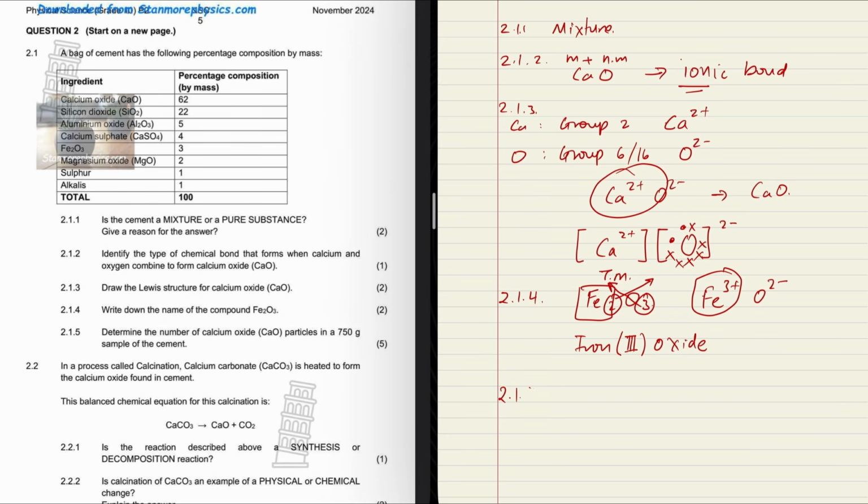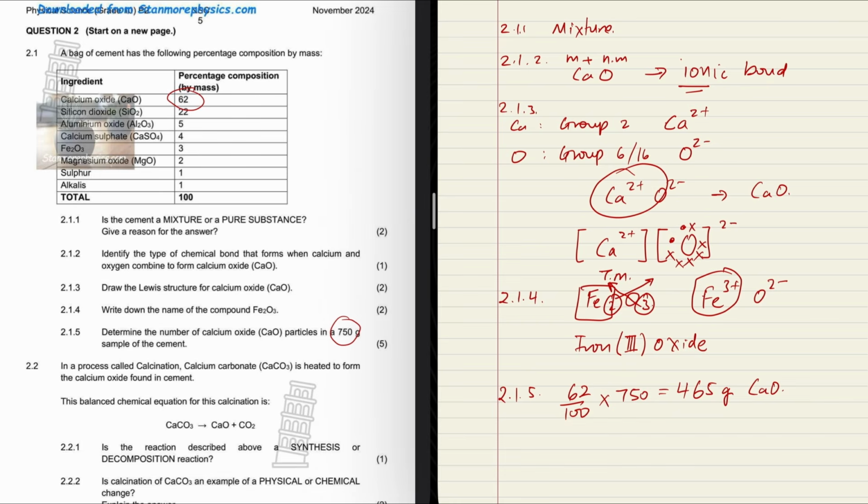Question 2.1.5, determine the number of calcium oxide particles in 750 gram sample of the cement. Okay, so if I have 750 grams of cement, what mass of calcium oxide do I have? So calcium oxide is 62% of that. So 62 over 100 multiplied by 750, and that gives me 465 grams of calcium oxide.